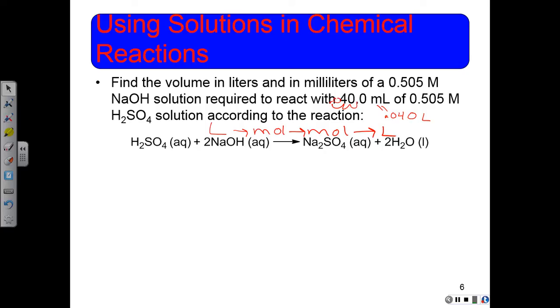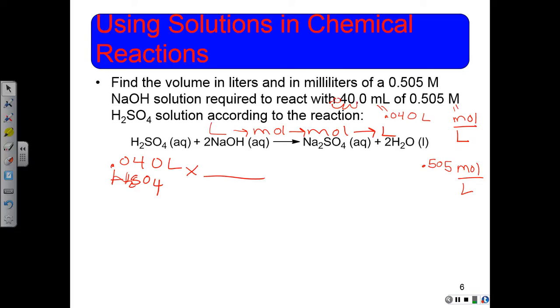So we've got 0.040 liters. Oops, this is our H2SO4. Molarity is moles per liter, right? So we could say we have 0.505 moles per liter. I encourage you, if you don't see that, just seeing the capital M, go ahead and write it out like this, because that's the same thing. Molarity is moles per liter, so it may help you when you're trying to do your conversion.